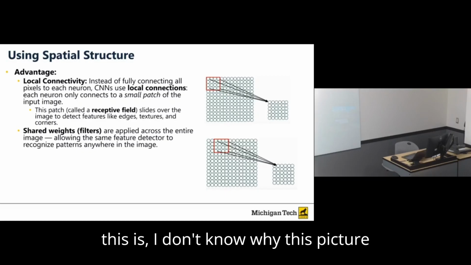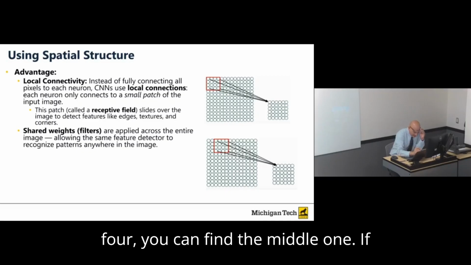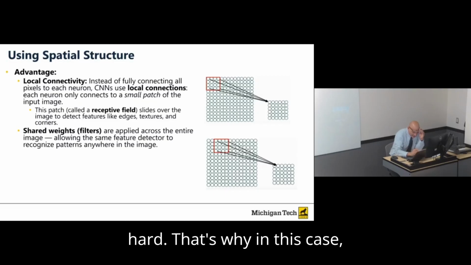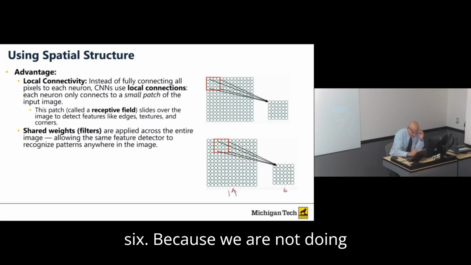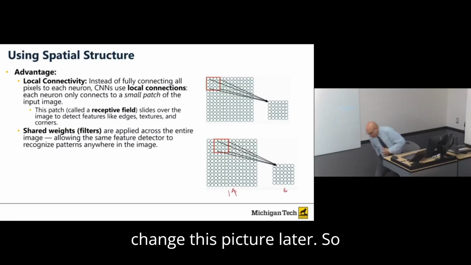I don't know why this picture is 4 by 4, because with a 4 by 4 you can't find the middle one. That's why in this case the result of 14 becomes 6, because we are not doing convolution properly. I should change this picture later.